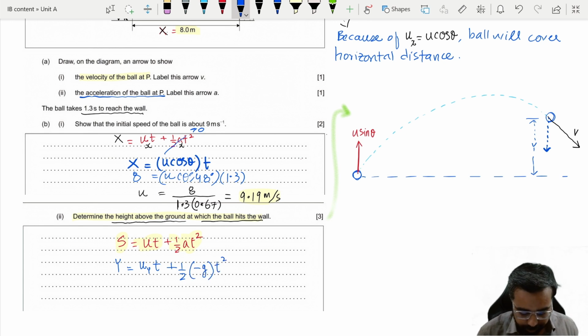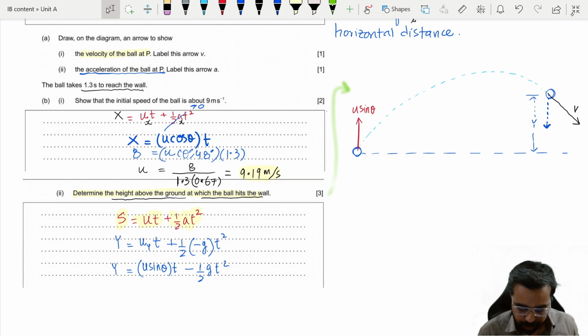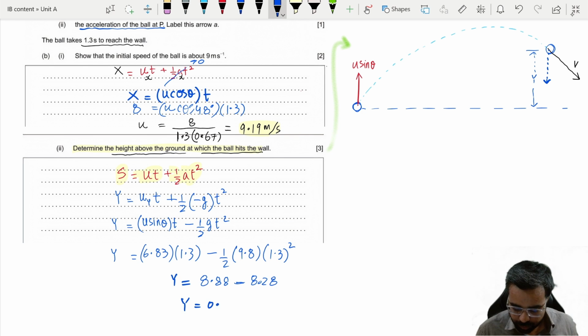Now we can easily find it. Let's put in the values. It is u sine theta t minus 1 over 2 g t squared. Now the u sine theta value is 9 sine 48, which should be 6.82 or 6.83, times 1.3, minus 1 over 2 into 9.8 into 1.3 squared. So our answer is 0.6 meter from that level.